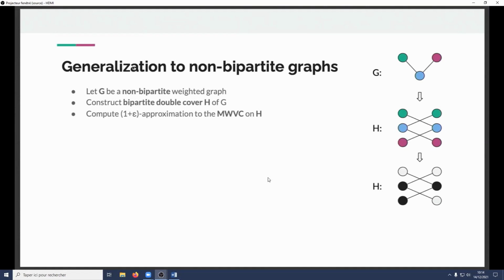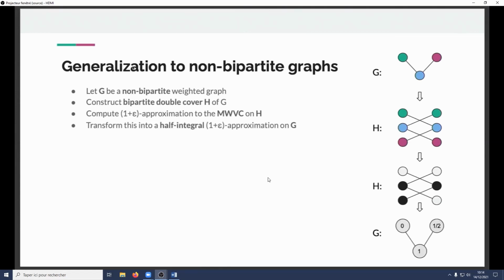and we get some vertex cover approximation. For example, this would be some bad vertex cover approximation. And now we can transform this solution back to our original graph, which results in a half integral solution. What does that mean? A half integral solution consists of values 0, 1, and 1/2.